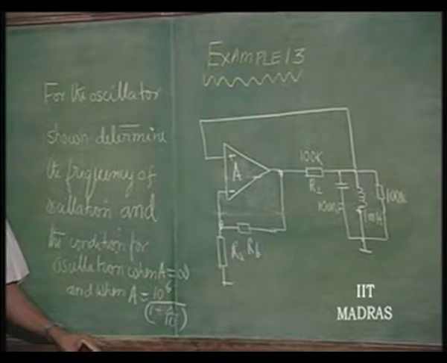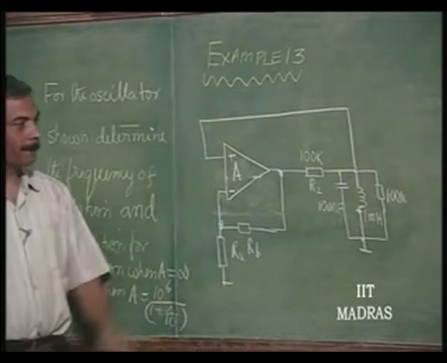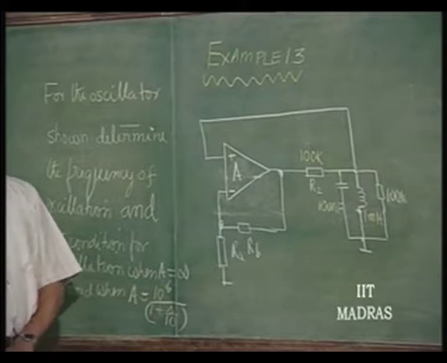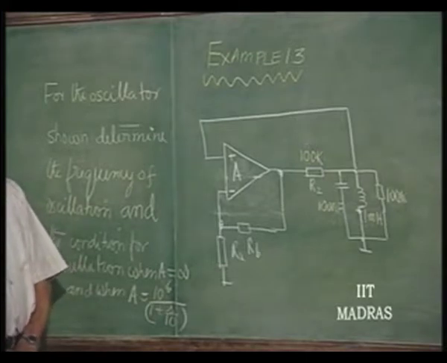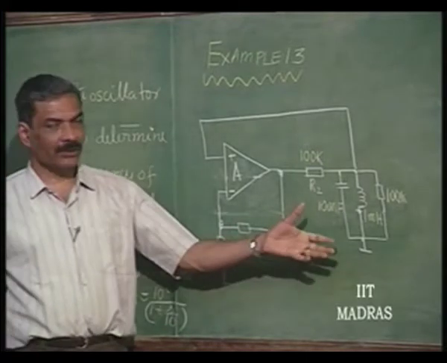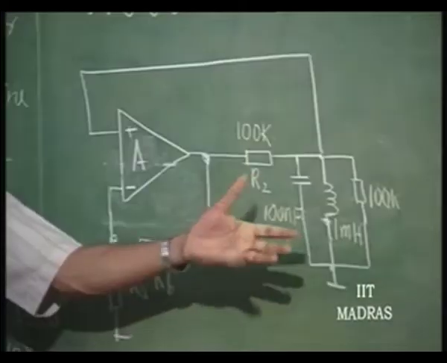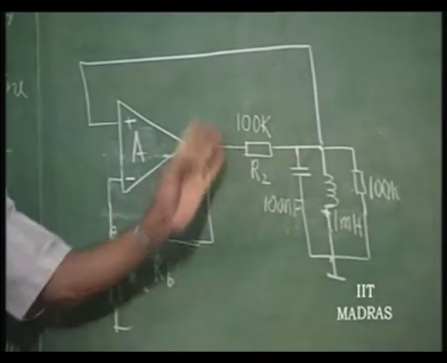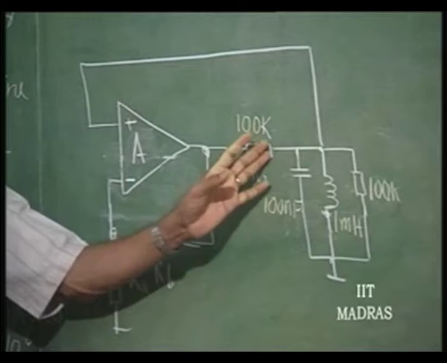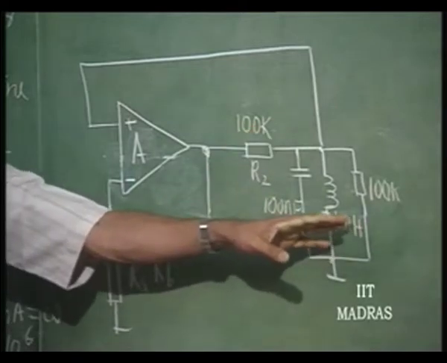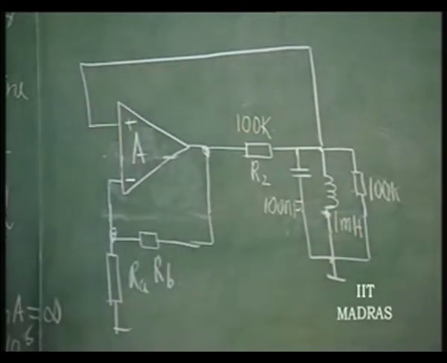In order to understand what we have discussed so far in terms of frequency stability, let us try to solve this problem. This problem will also illustrate a typical situation of an amplifier used with an LC oscillator or a crystal. The crystal can be connected here or in place of this 100K, and the 100K can be put there. That kind of illustration we can do.